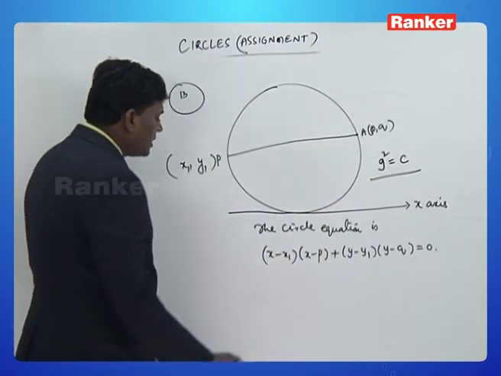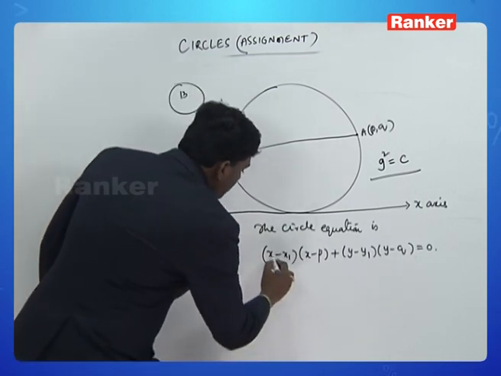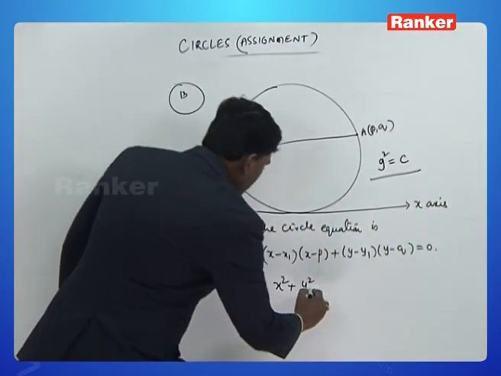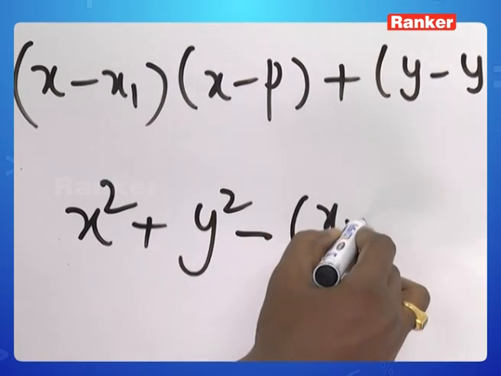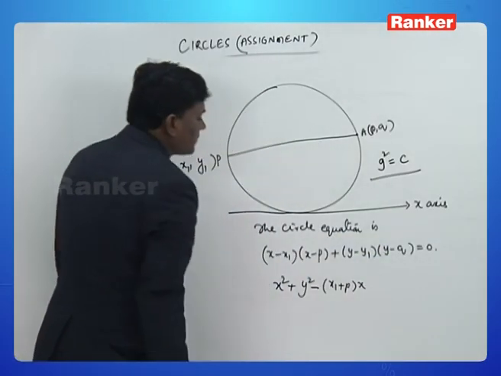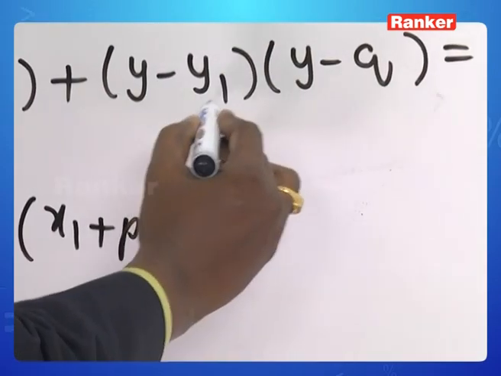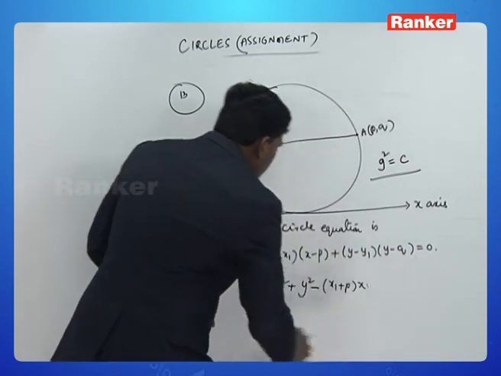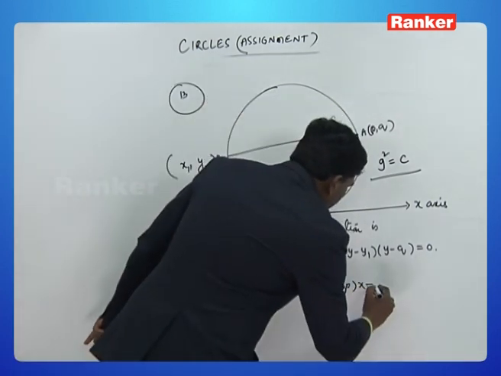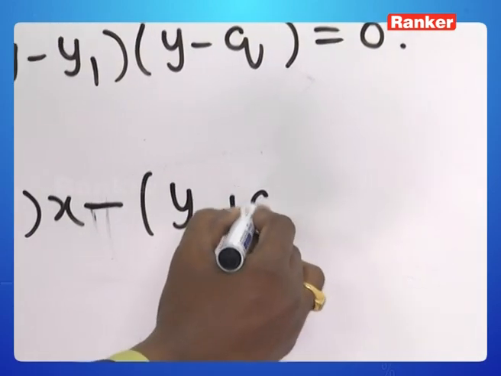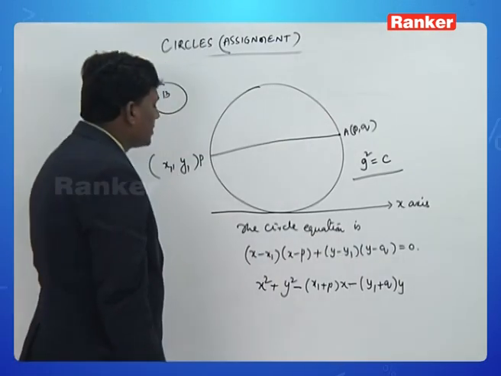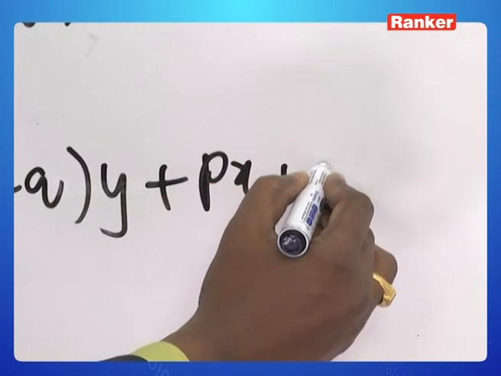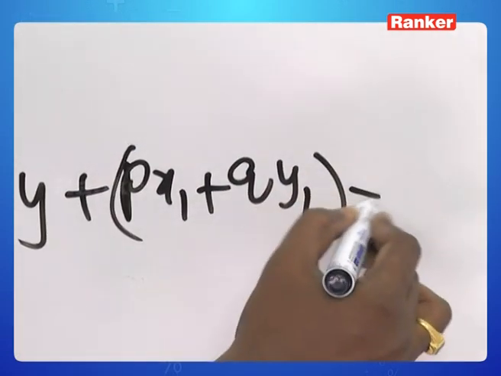Let us simplify the circle equation. x into x, x square, plus y into y, y square, minus of x1 plus p into x, minus of y1 plus q into y, plus constant terms px1 plus qy1 equals to 0.